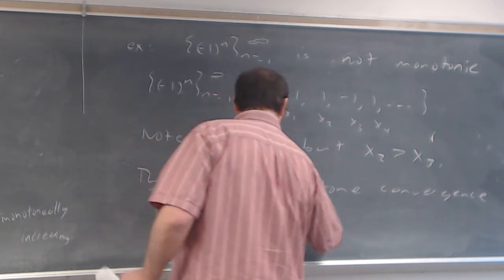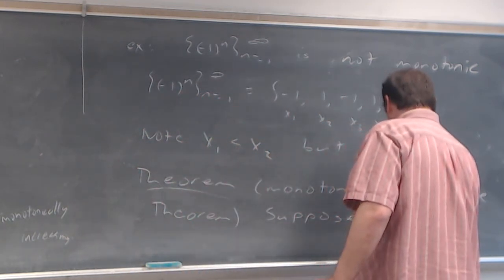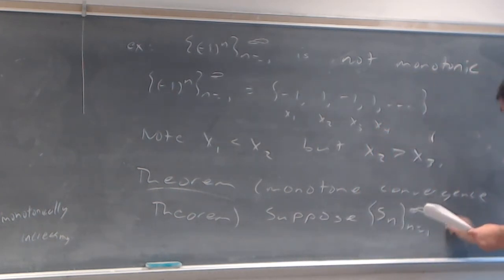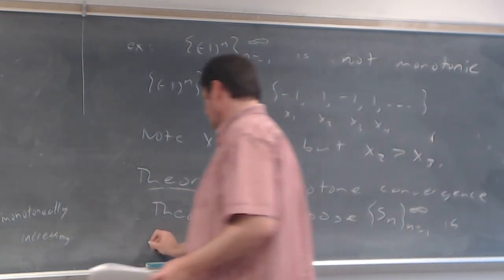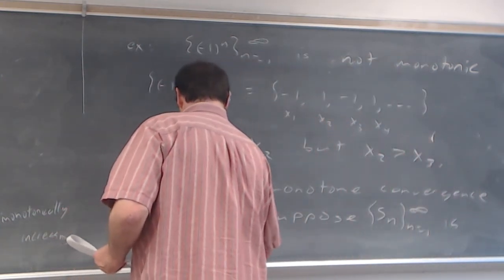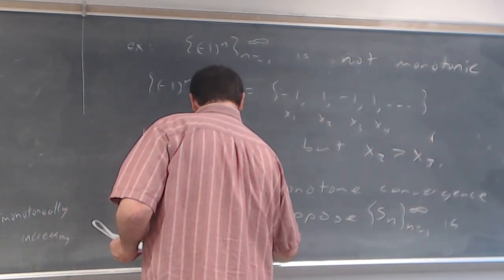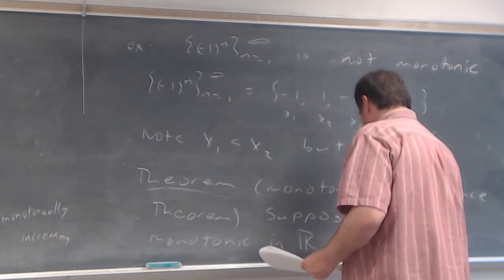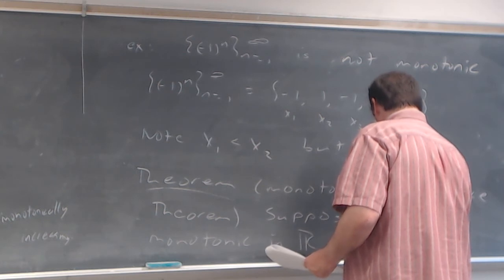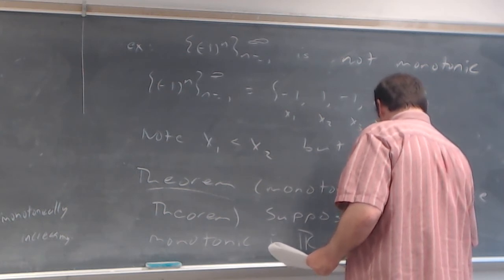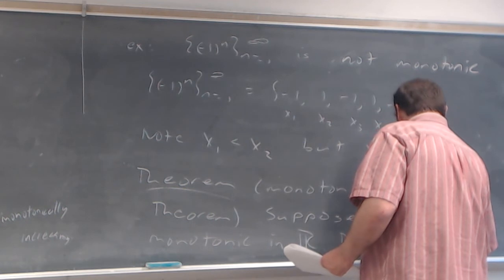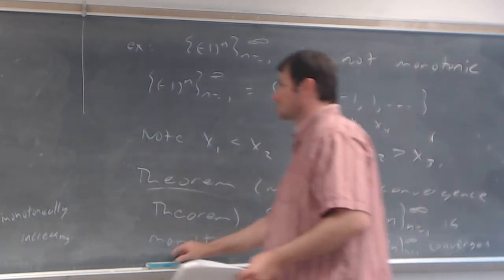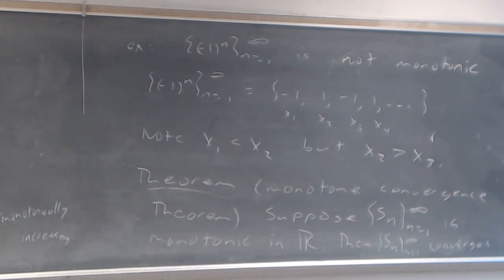Suppose S of n is monotonic in R. Then S of n converges if and only if it is bounded.